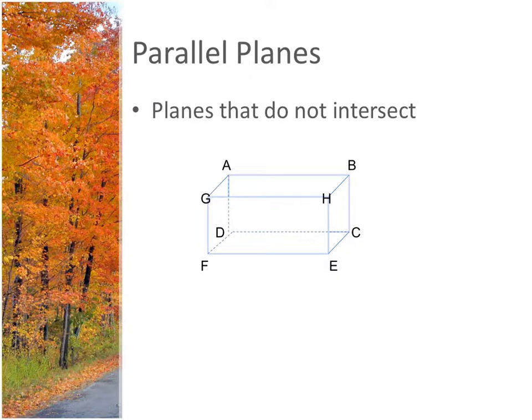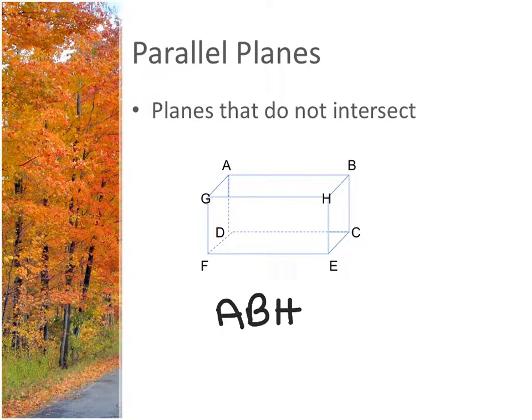Let's name some parallel planes from this picture. Can someone name me, and first of all, how do we name parallel planes? Or actually, how do we name a plane? With any 3 points around it. Good. Name me a plane on there. Plane ABH. ABH, okay, he's talking about the top piece.